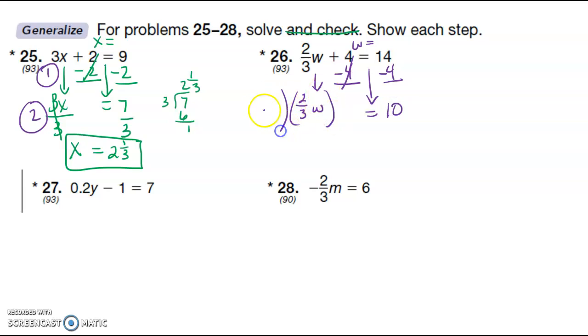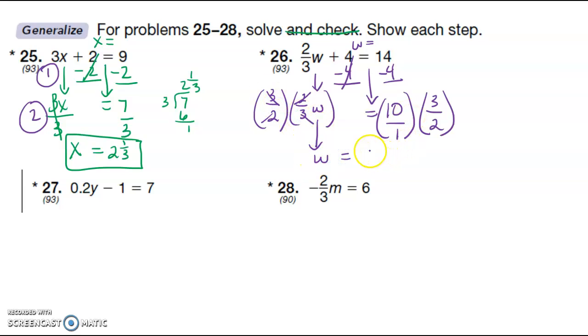Then I'm going to multiply by the reciprocal. Let me go ahead and put 10 over 1 so it's a little bit easier to multiply. The 2's cancel, the 3's cancel, my W comes down, equals, I get 30 over 2, which is 15. And you can see my first step was to subtract, my second step was to multiply by the reciprocal.